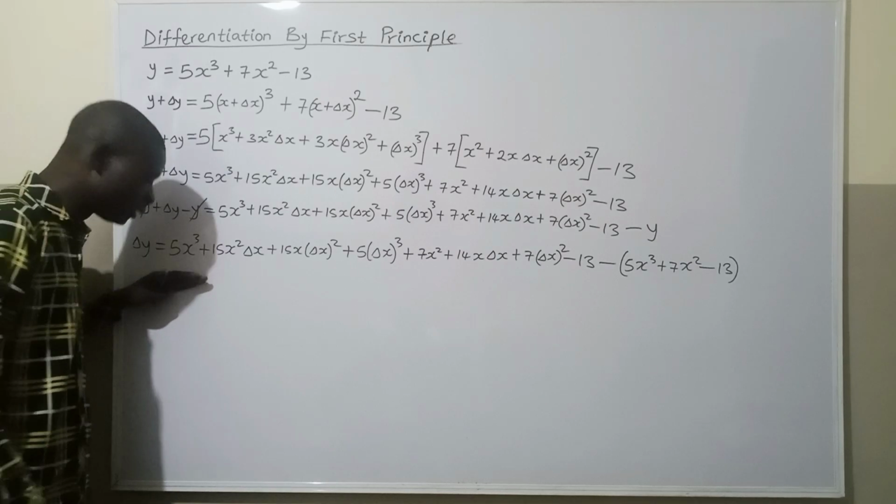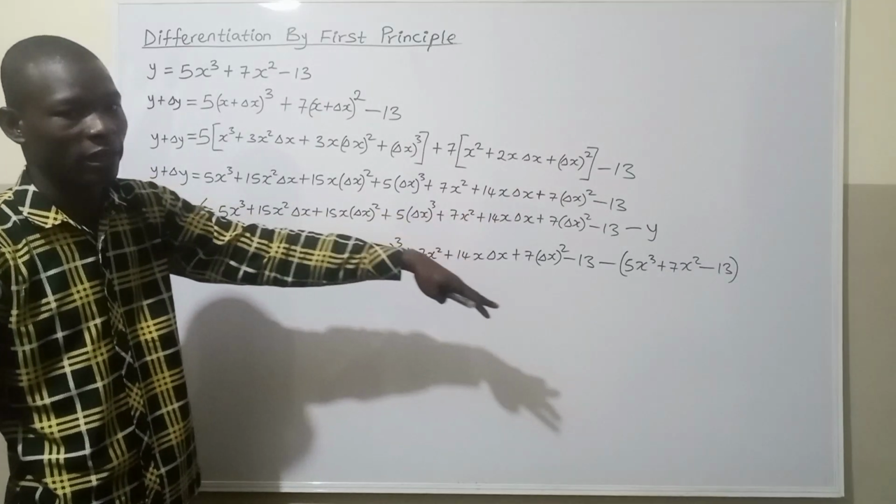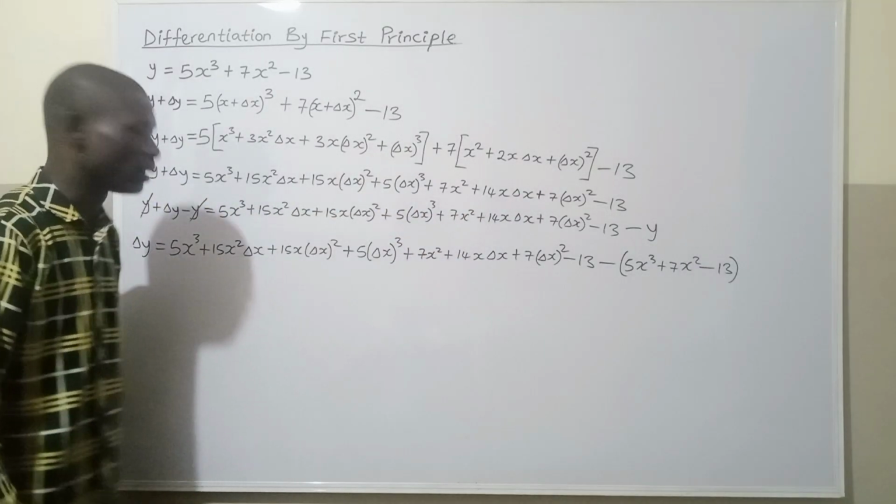So the next thing again is to open that bracket, and when we open that bracket, whatever can cancel out will cancel out directly.